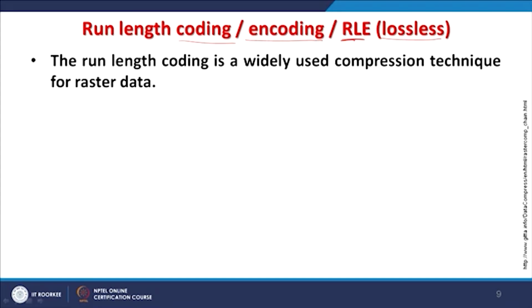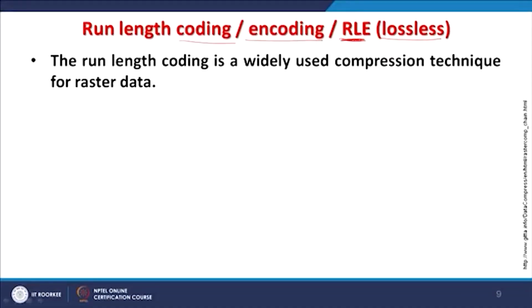Run length coding is a widely used compression technique, and many software like ADAS or ArcGIS, you would see, mention it in some form as RLE rather than run length encoding.